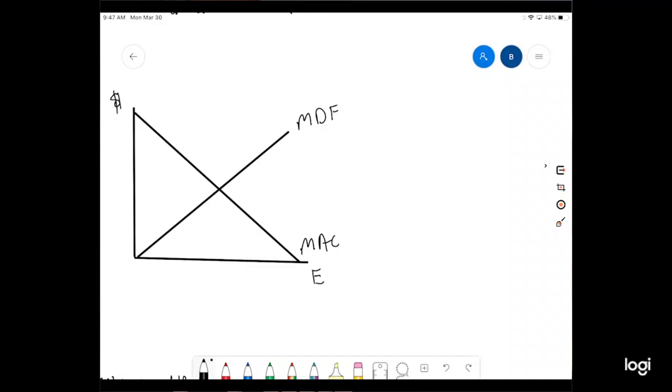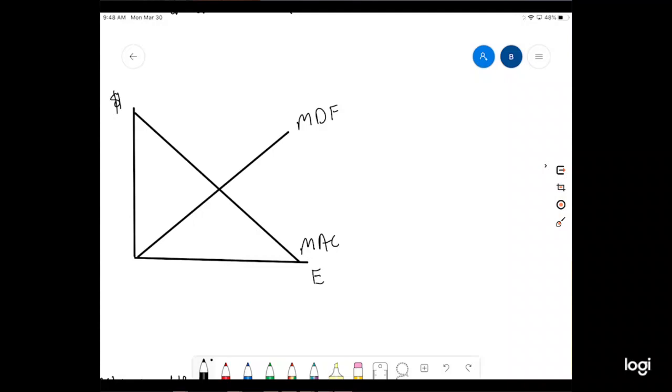Maybe we hit some tipping points, for example, in climate change, and we can't reverse our course at some point. The downward sloping curve here is the marginal abatement cost curve. This is the abatement, abatement being the reduction of emissions.